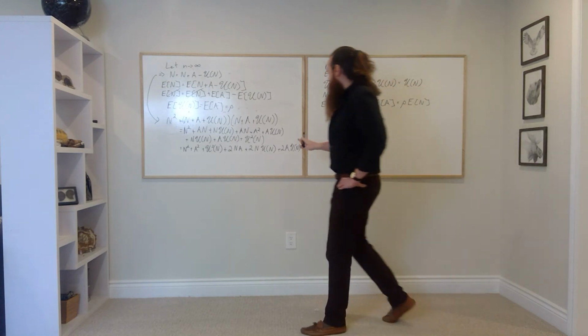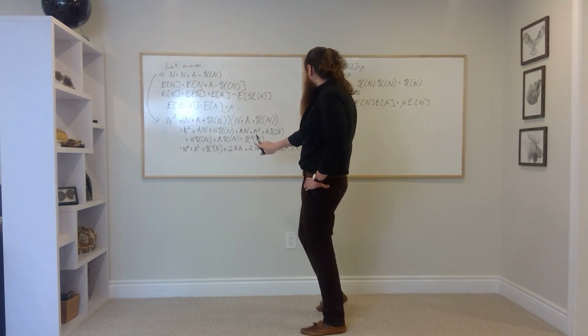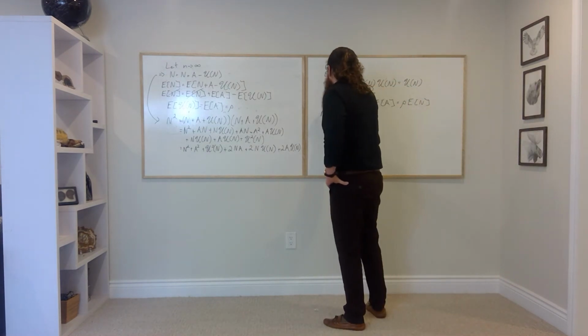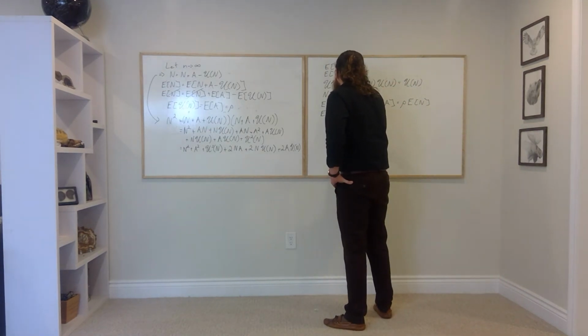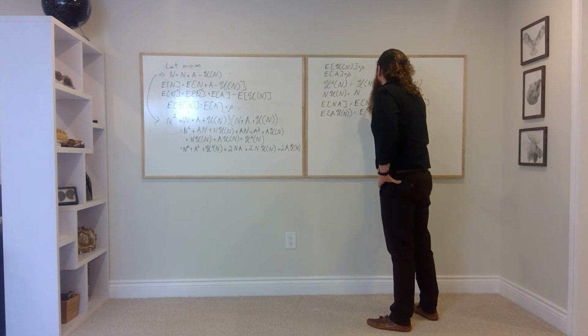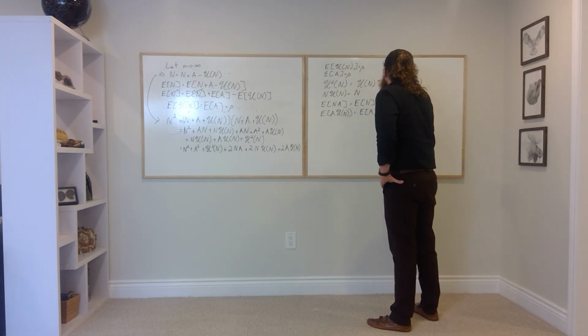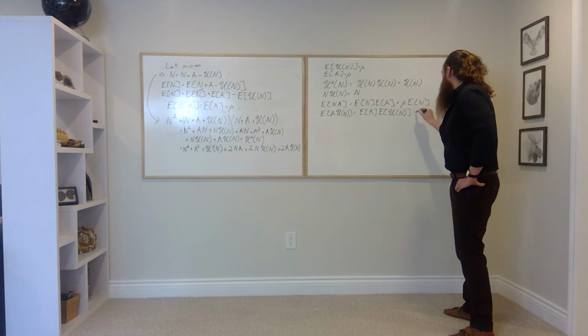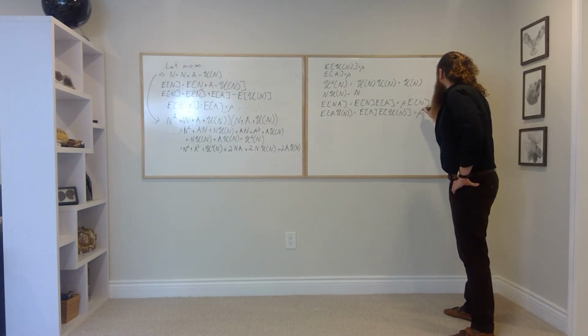And we make a similar observation down here. The expected value of a times the Heaviside step function. This is also going to equal this from the independence of these two random variables, but we know what that equals.